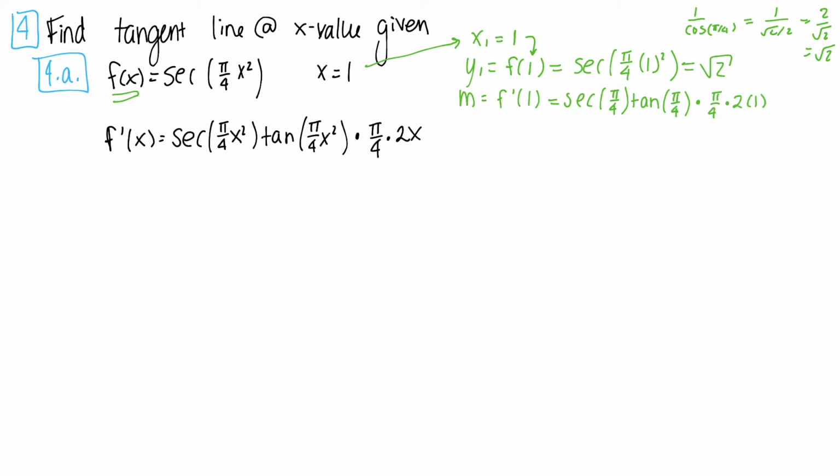Just plugging 1 into that derivative. Secant of pi over 4 is square root of 2. Tangent of pi over 4 is 1. And then we have pi over 4 times 2. Believe it or not, this simplifies just the teeniest, tiniest bit to square root of 2 pi over 2.